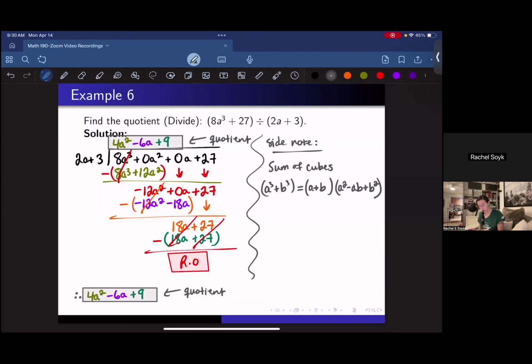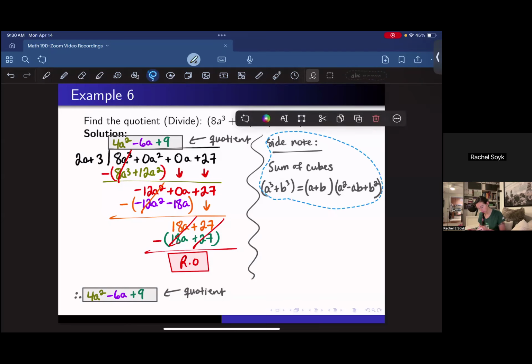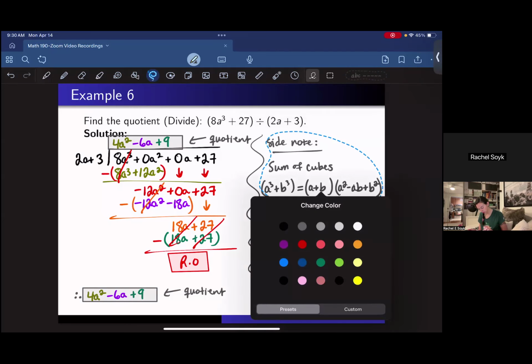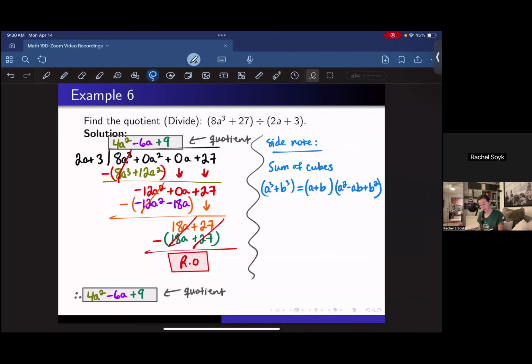So now knowing that, and why don't I put this in a different color? Light blue, that's better. How can we break this guy up into this form here? Well, what's our a? Our a is the cube root of 8a cubed, which is just 2a. And what's our b? That's the cube root of 27, which is 3.